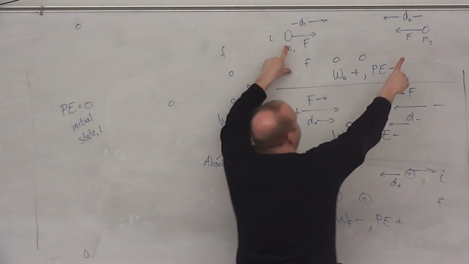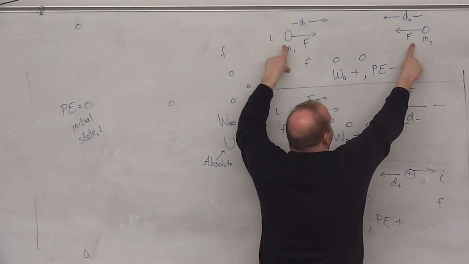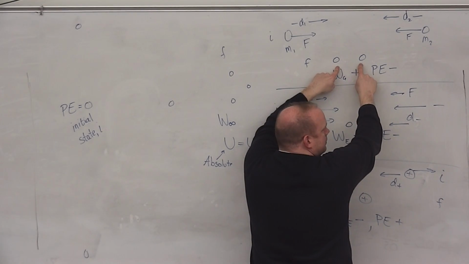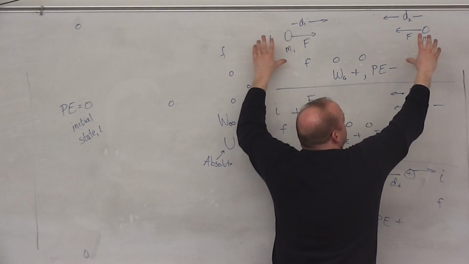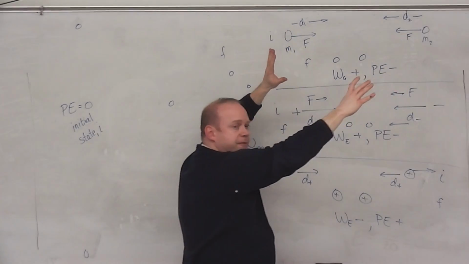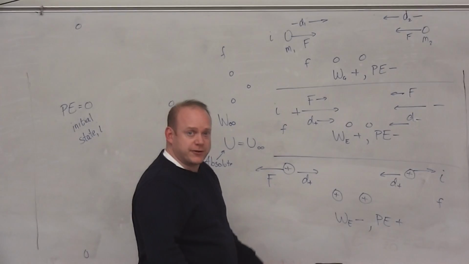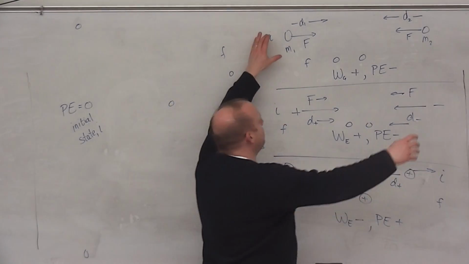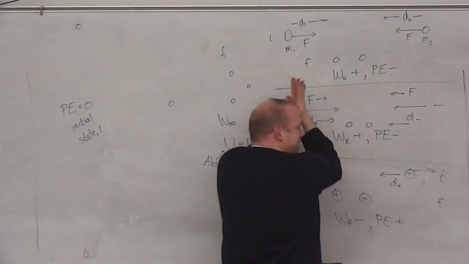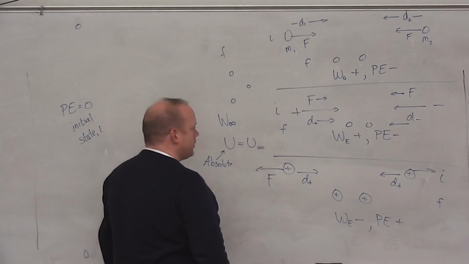Would they hit each other faster if they started from here, or if they started from some non-infinite distance? They would smash together faster if they're almost infinitely far apart. That's why we say the potential energy is greater out here, because from right here, you're not going to get as large of a smashing.